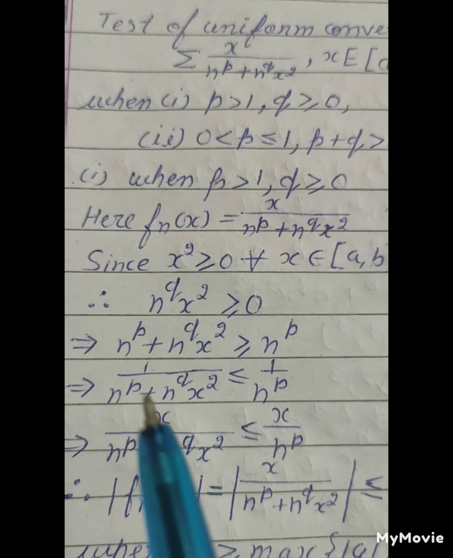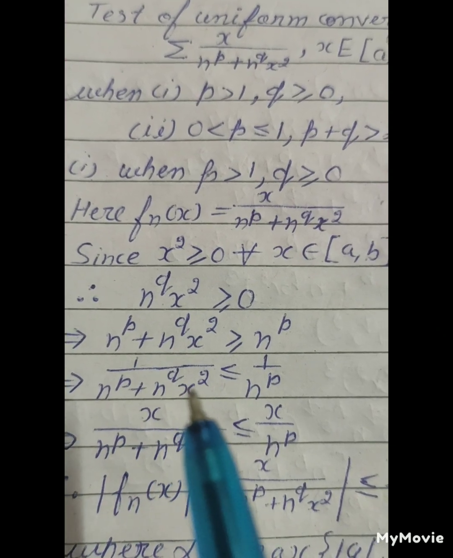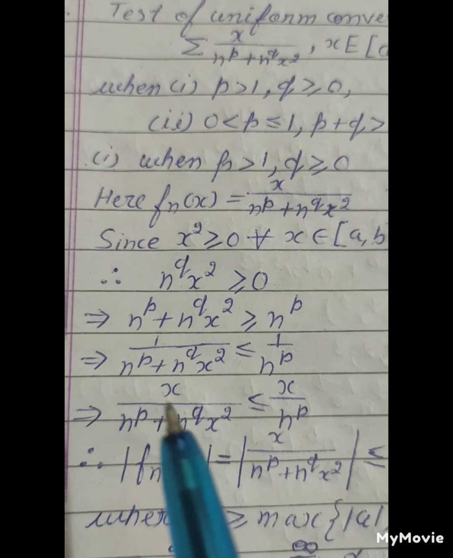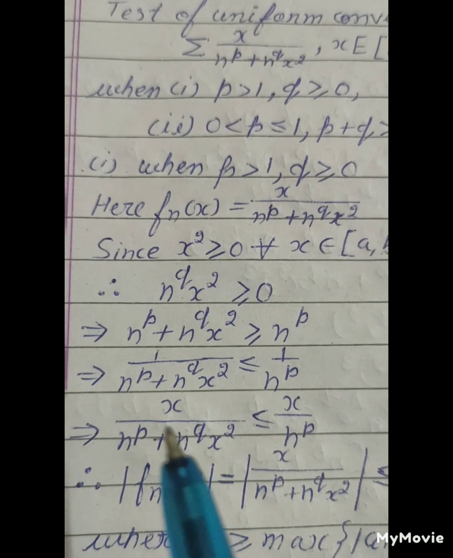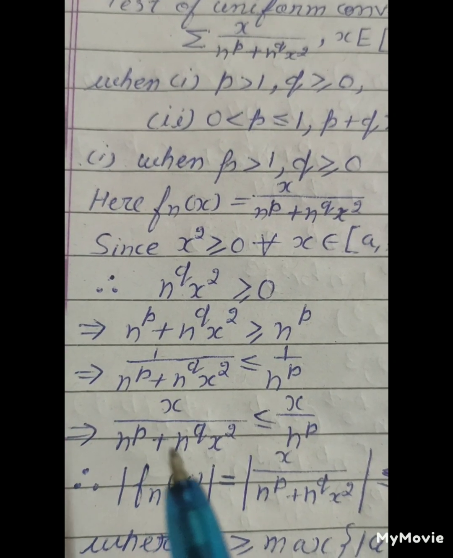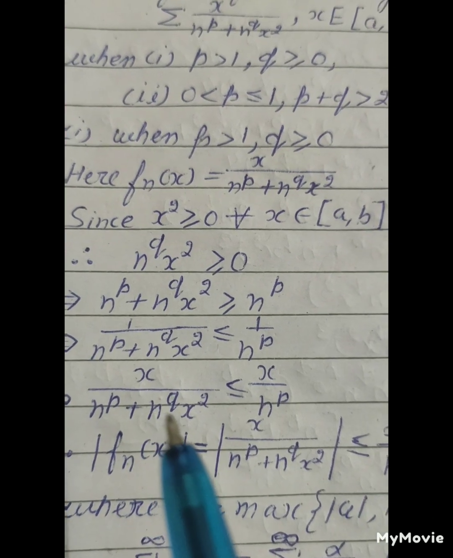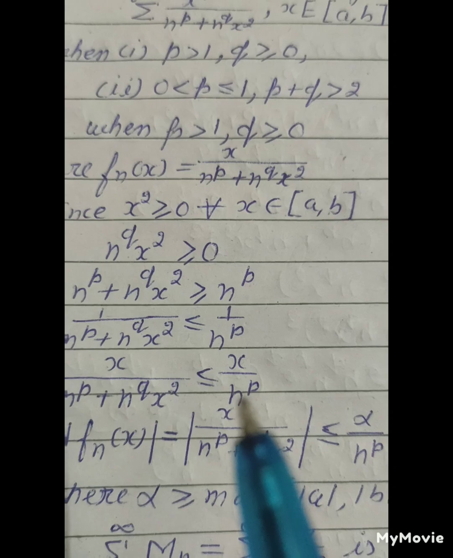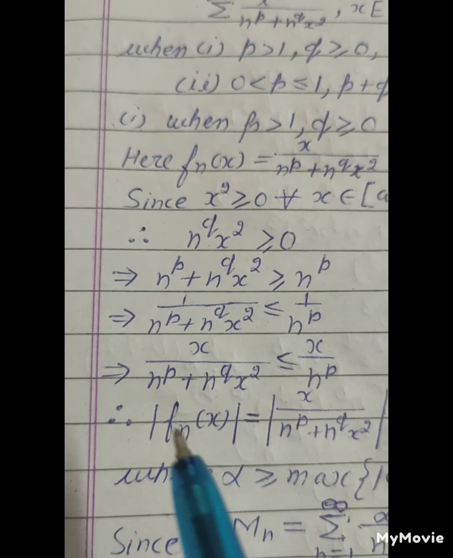which implies 1 upon n raised to power p plus n raised to power q into x square is less than or equal to 1 upon n raised to power p, which implies x upon n raised to power p plus n raised to power q into x square is less than or equal to x upon n raised to power p.